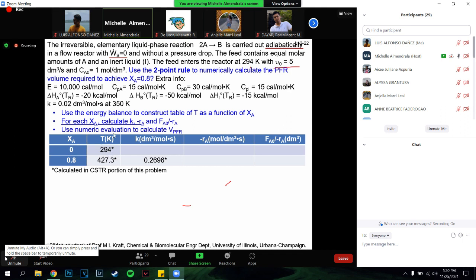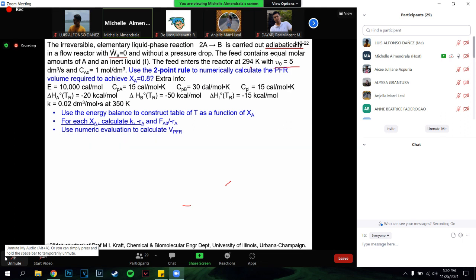If XA is 0, definitely the temperature will be the initial temperature. And if conversion is 80%, the final temperature as calculated will be 427, the same relationship as that of CSTR and PFR. So the same final temperature, 427.